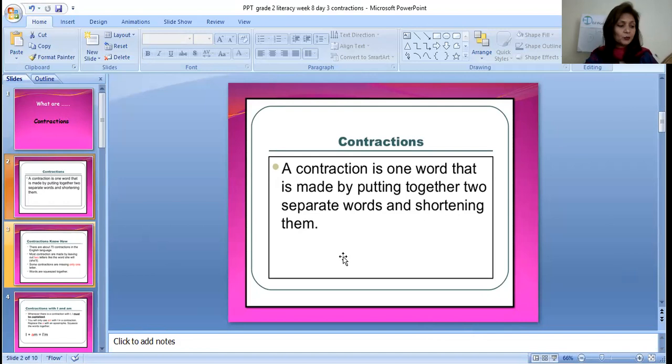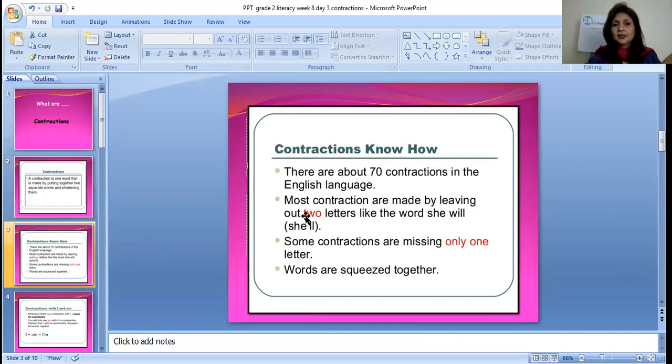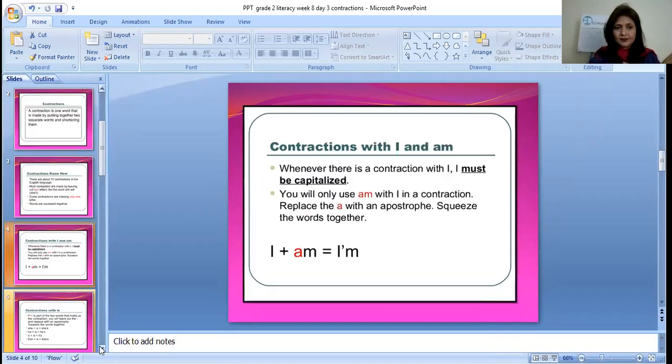A letter or more than one letter is left out. You understood? Okay. Most contractions are made by leaving out two letters like the word she will. So she will become she'll. Some contractions are missing only one letter. Words are squeezed together, right?